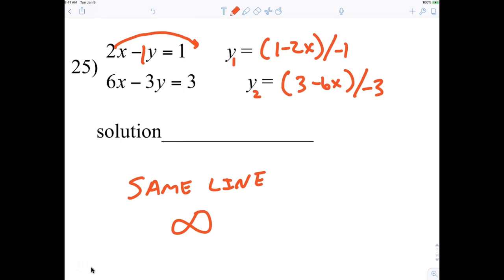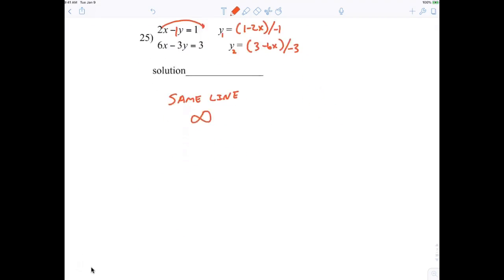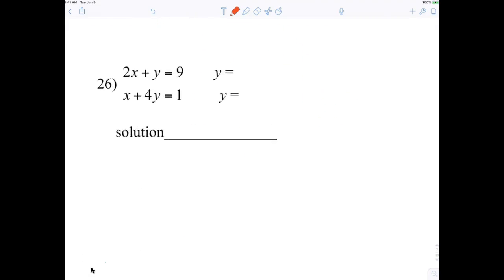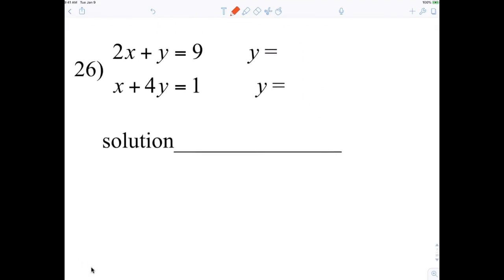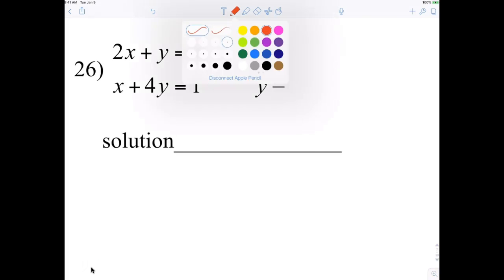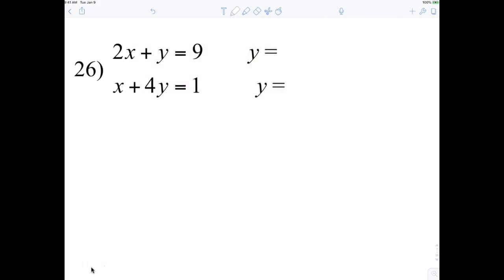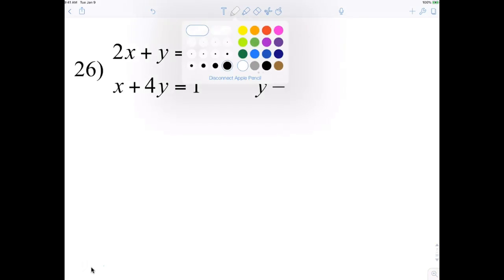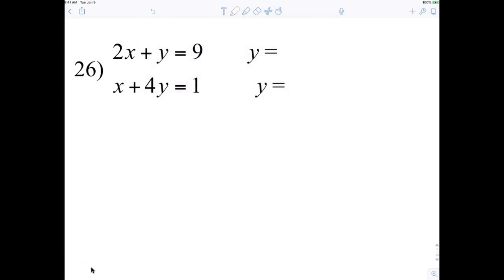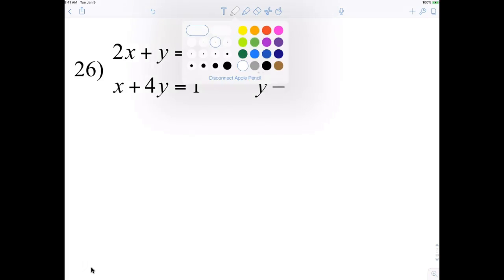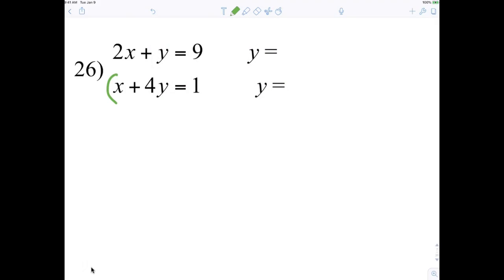All right, here we go. Now I'm on question number 26. Everybody look at 26 now. Nice little problem working here. The most efficient way is to multiply the bottom equation by, say it again, -2. Because again, you want one to be positive and one to be negative.